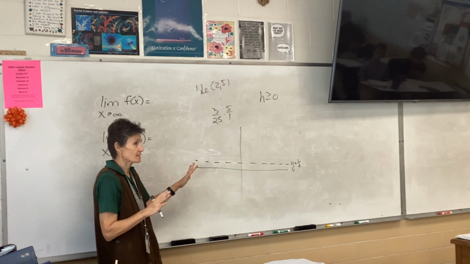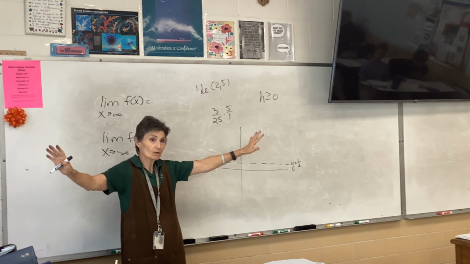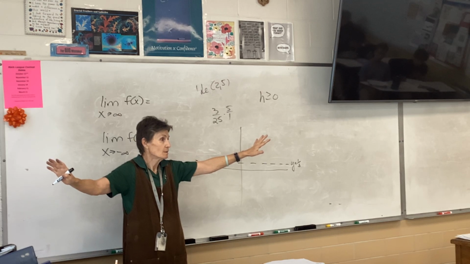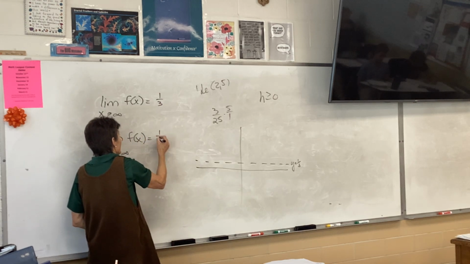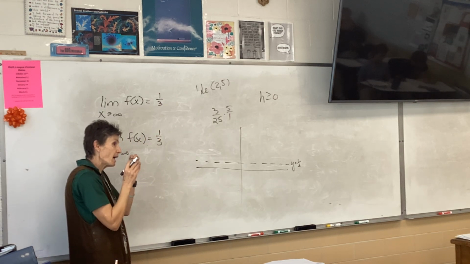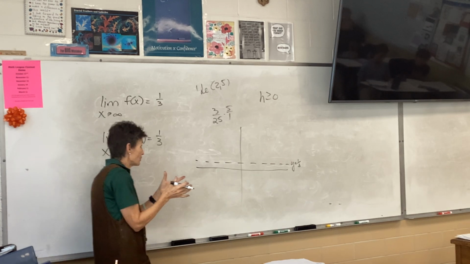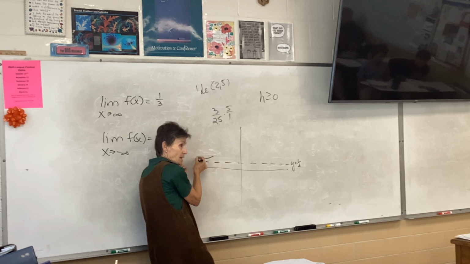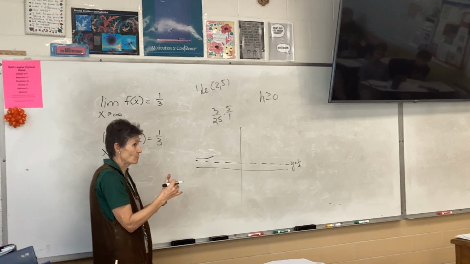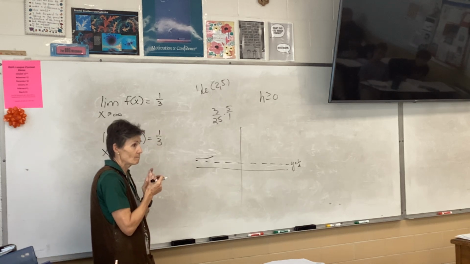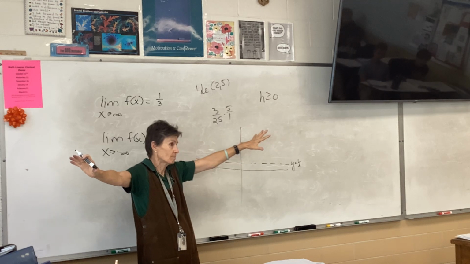I don't know what it looks like, but I know as it goes off the page, it's getting closer and closer to 1/3. So these are both 1/3. Now, if I had the picture drawn for me, then I could tell you, okay, is it coming in from the top or the bottom? But without having the picture, you're not required to draw the picture. You're just gonna say 1/3. End behavior asymptote is the end behavior of the picture.